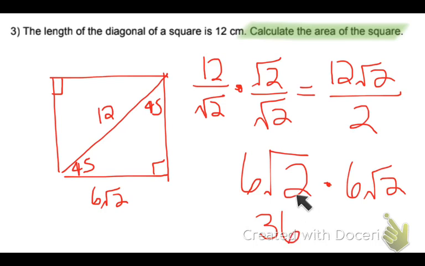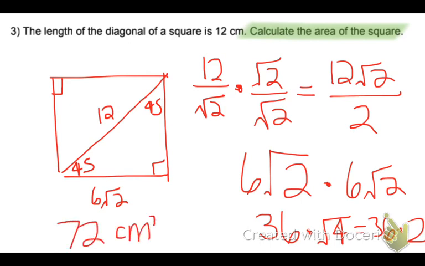Then multiply the two things that are under radicals, so 2 times 2 is 4 underneath the radical, so 36 times the square root of 4, which is just 36 times 2. So our area of this square would be 72 centimeters squared.